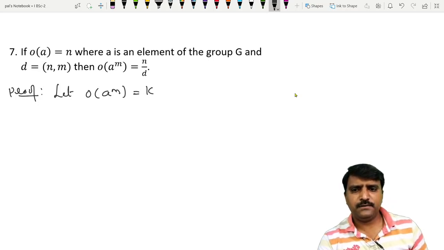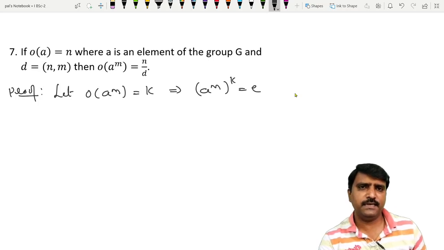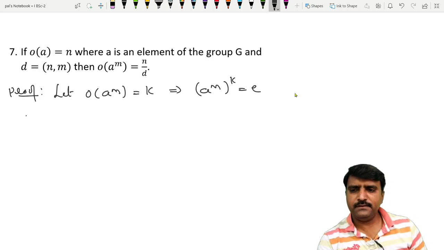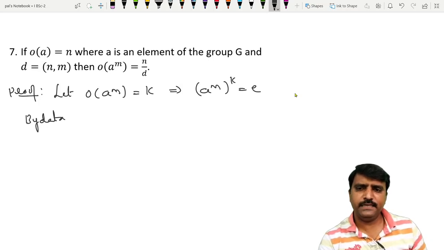So if the order of a to the power of m is k, then if you put the power k on a to the power of m, it definitely gives the identity element, because the order of a to the power of m is k. Yes, then what is the given data? By data, the GCD of n and m is d.